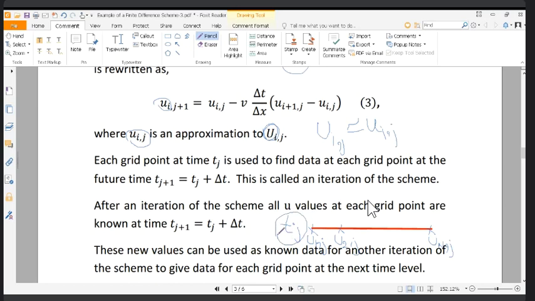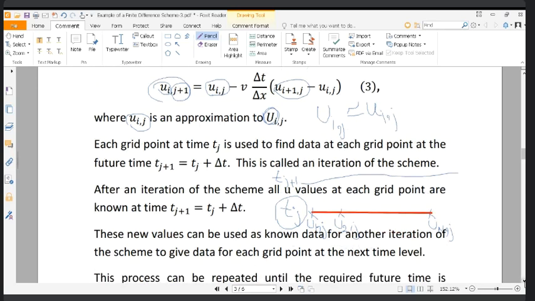We can use u1,j, u2,j, and un,j to get the values of u at tj+1, based on formula 3. Formula 3 says that based on u(i,j) and u(i+1,j), you can compute the value of u at the next step. After an iteration, all values of u at this time level are known, and we can go to the next level.